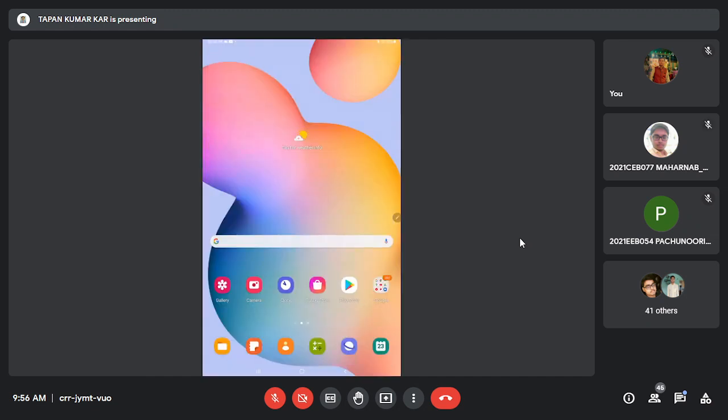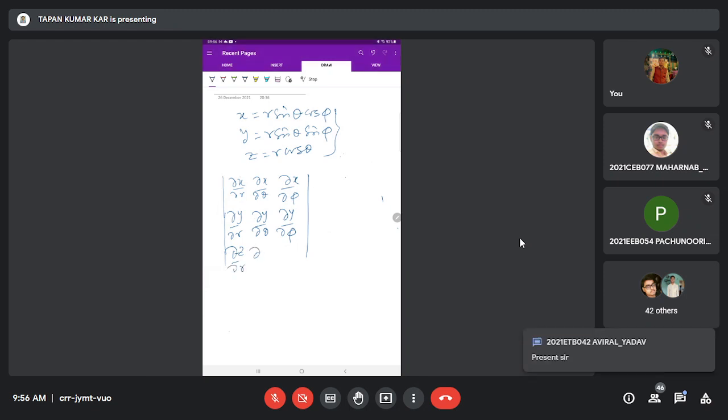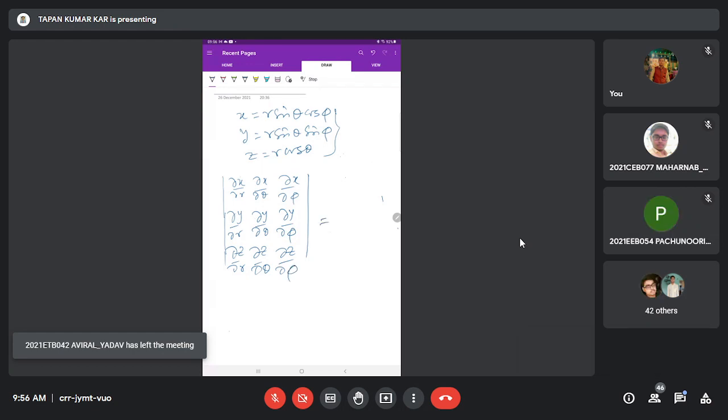For the Jacobian: del x del r, del x del theta, del x del phi; del y del r, del y del theta, del y del phi; del z del r, del z del theta, del z del phi. Now evaluate. This is a 3 by 3 determinant.